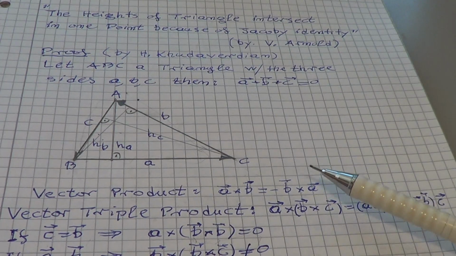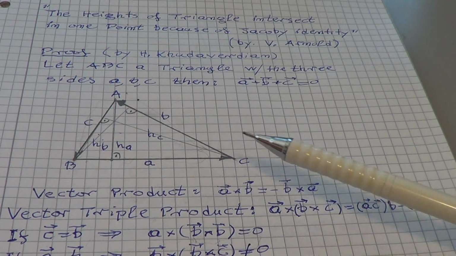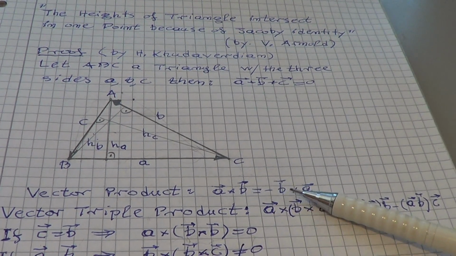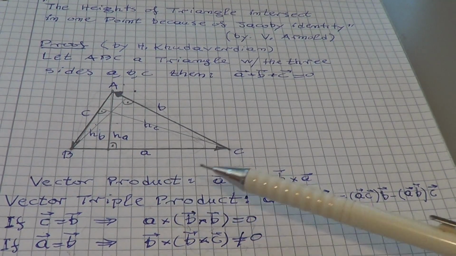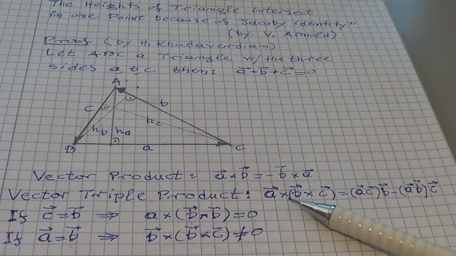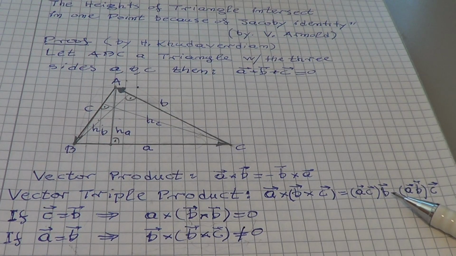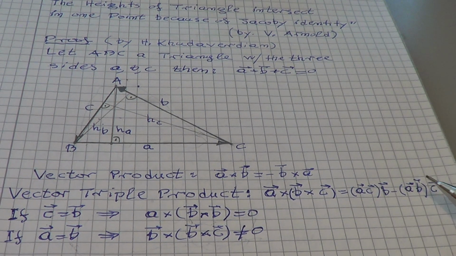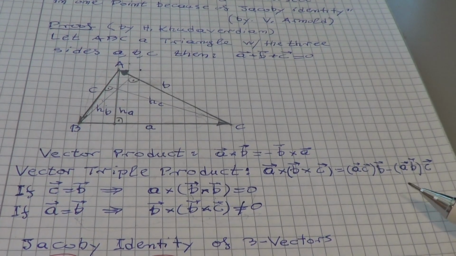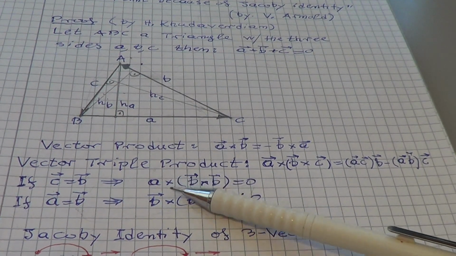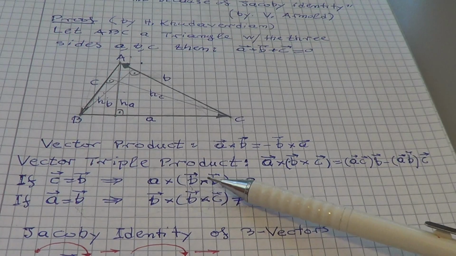For two vectors A and B, the vector product is A cross B equals minus B cross A, and for the vector triple product we have this expression: A cross (B cross C) equals (A dot C) times the vector B minus (A dot B) times C. See that if C is B, then A cross B cross B is equal to 0.